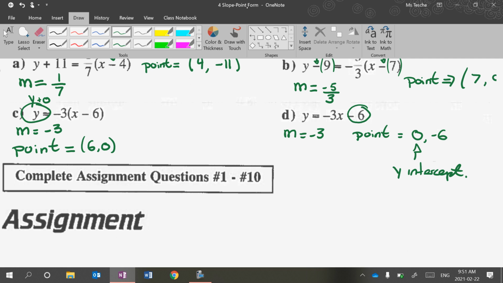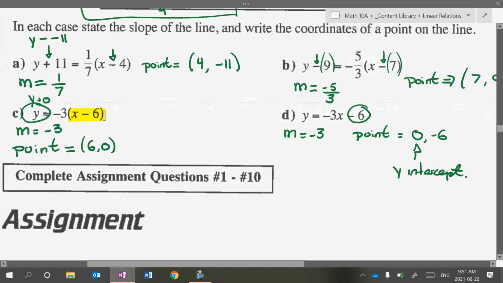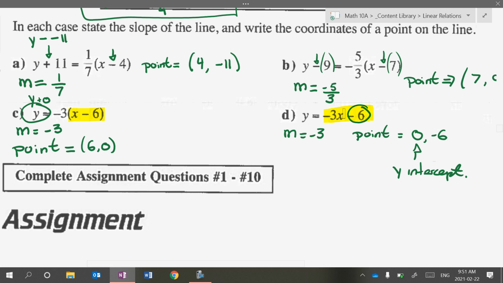The difference between C and D is this one still had these brackets telling us it was in slope point form, versus no brackets on this one, having distributed the 3 through, effectively put it into slope intercept form, which told us that was our y-intercept. So in this unit, there are lots of little things like that that make it easier to make little mistakes.